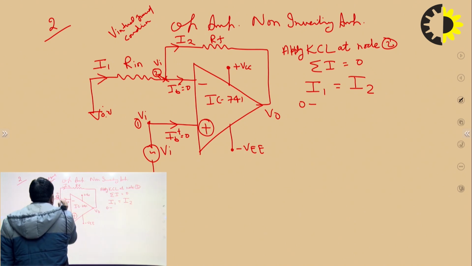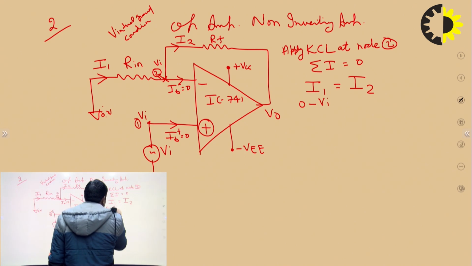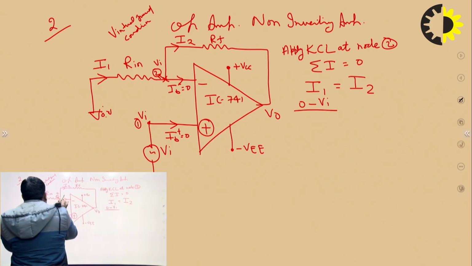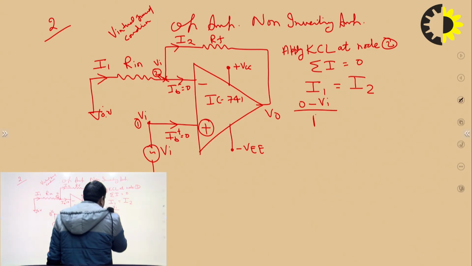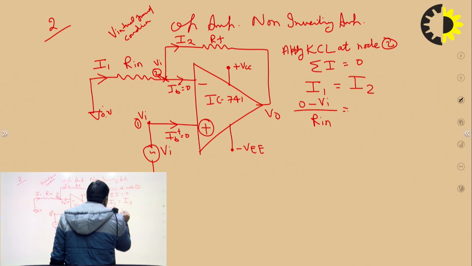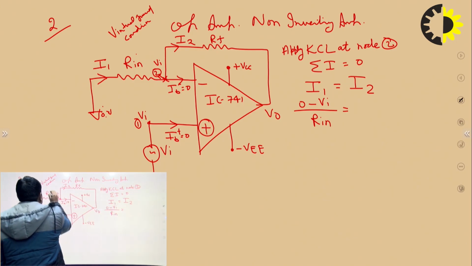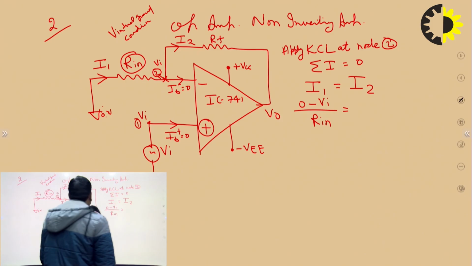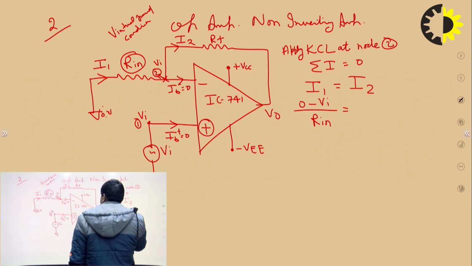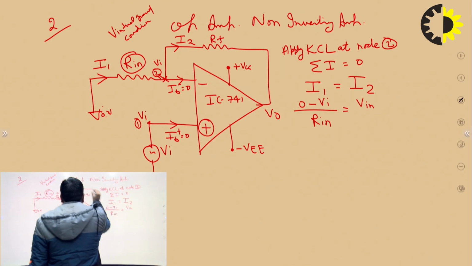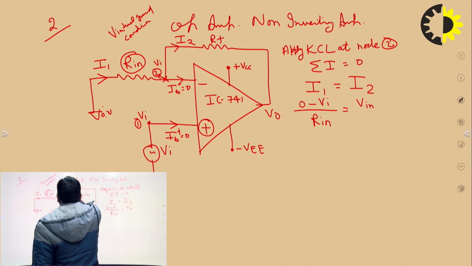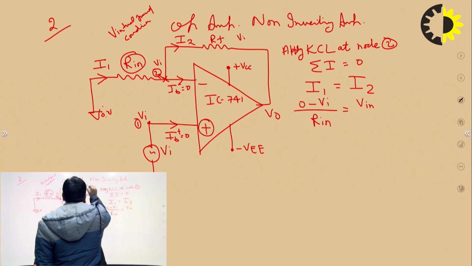This is the potential difference in that loop upon R in, which is the total resistance in that loop. This is R in, which is equal to V in, because in that loop we assume the current direction is here. So V in is greater than V naught in that loop.